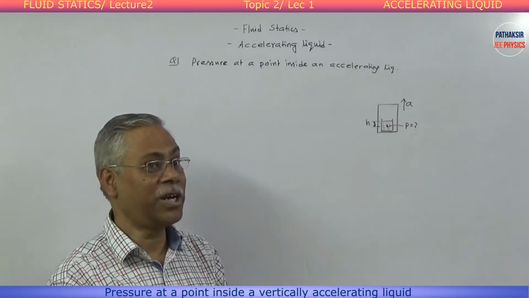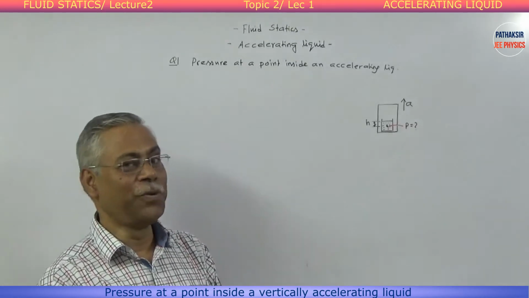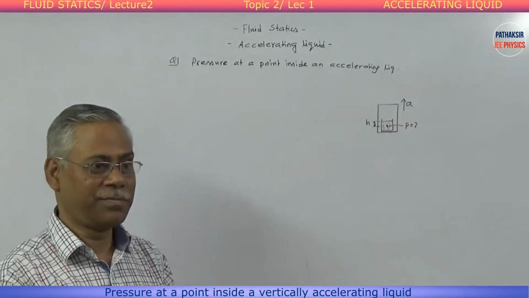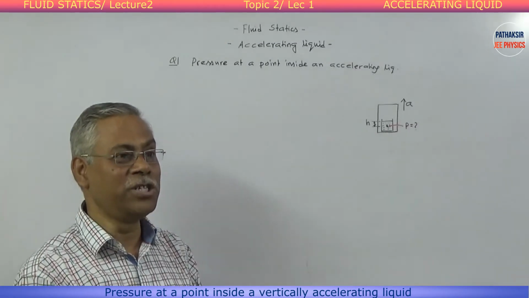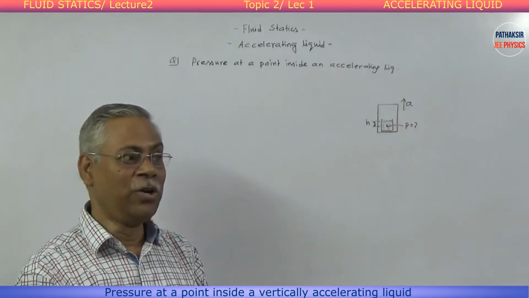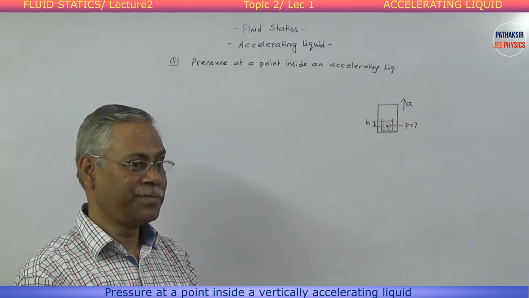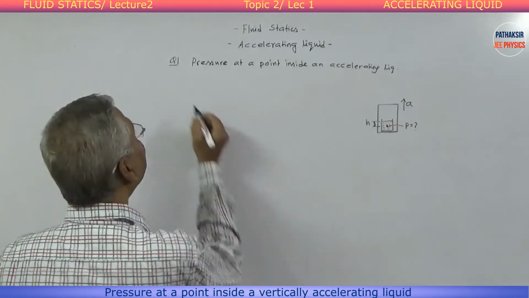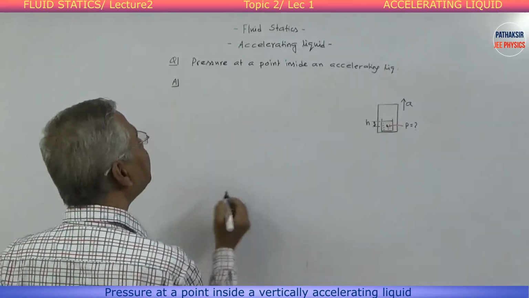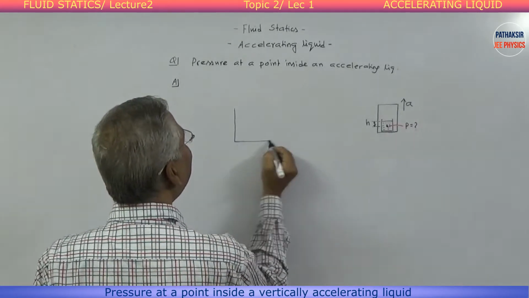How do you calculate pressure? All of you know P equals rho g h. Do you remember the calculation? How do you get P equals rho g h? We will do a similar calculation to get the pressure here. This is the container.